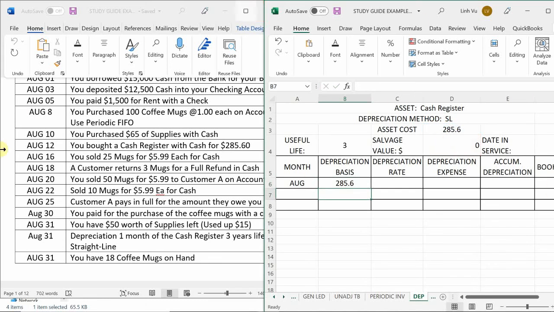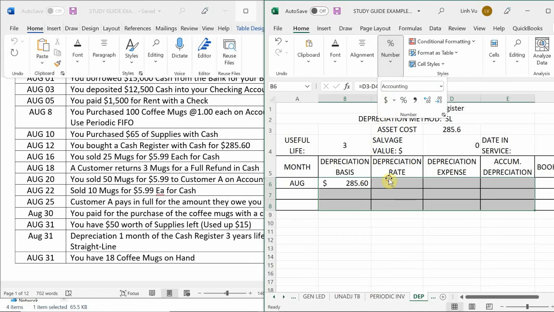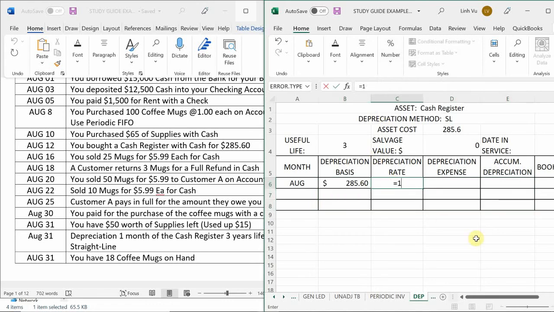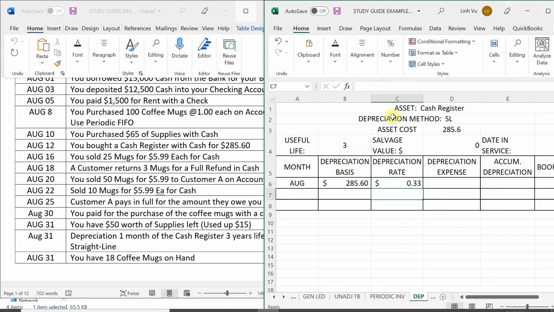Okay. What is my depreciation rate going to be? 0.33. Good, right? It's going to be 1 over its estimated useful life, which in this case, 1 divided by 3 gives you 0.03333333. Good.